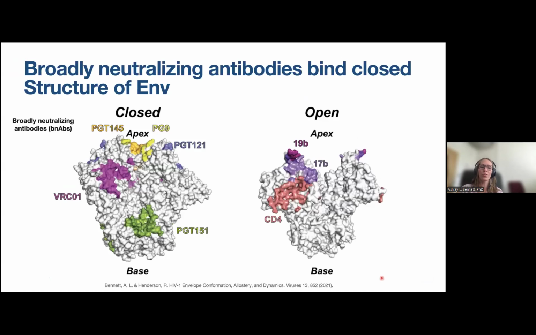But in the SOSIP constructs, these binding studies have shown that broadly neutralizing antibodies prefer the closed structure, and weakly or non-neutralizing antibodies prefer the open. And so this is why we're interested, because we think understanding the dynamics here can help us design better vaccines.